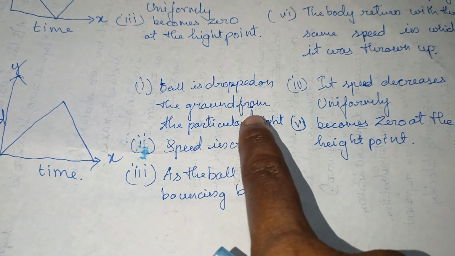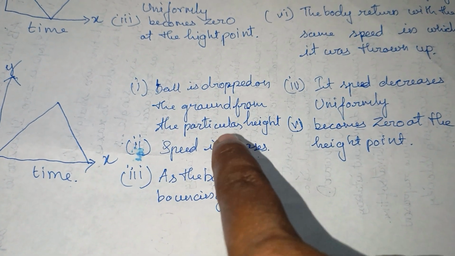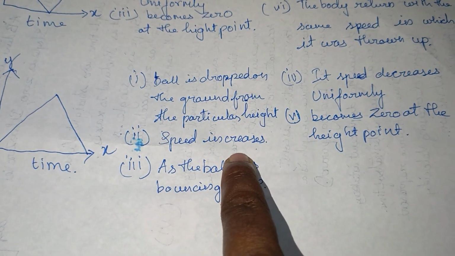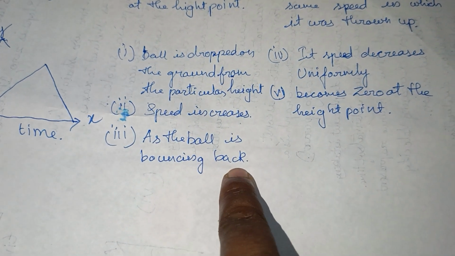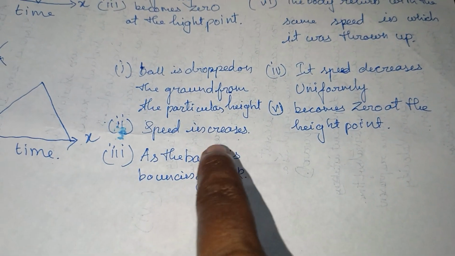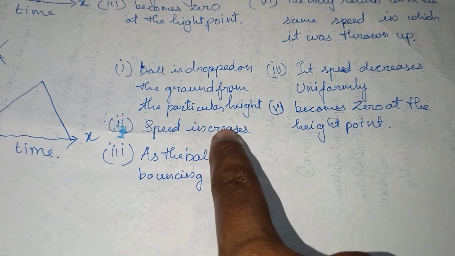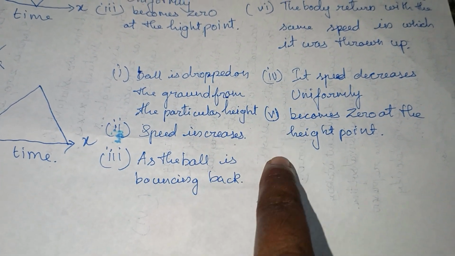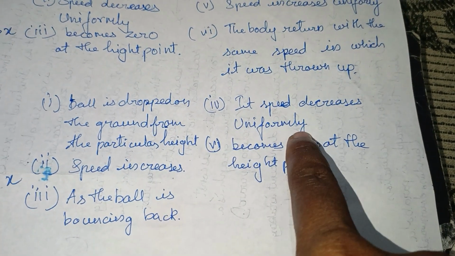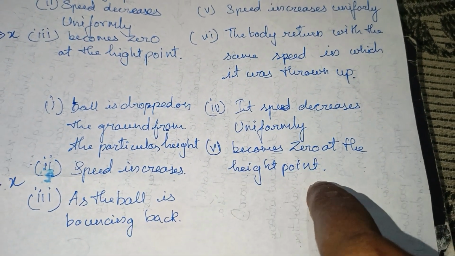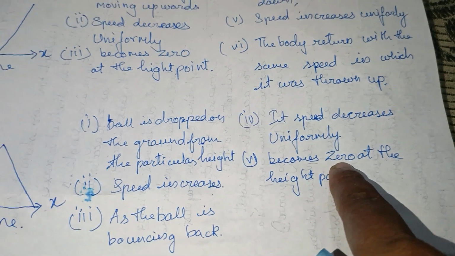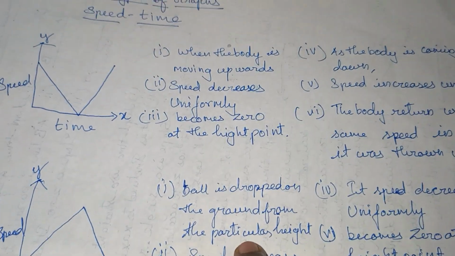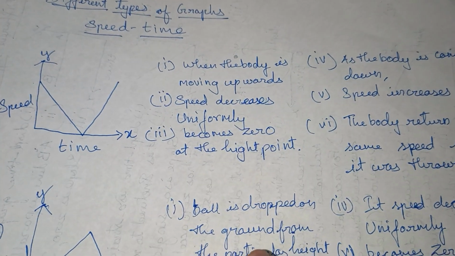The ball is dropped on the ground from a particular height, its speed increases and reaches the maximum point. Next, as the ball bounces back, its speed decreases uniformly and becomes zero at the highest point. This is how the graph has to be learned for speed and time.